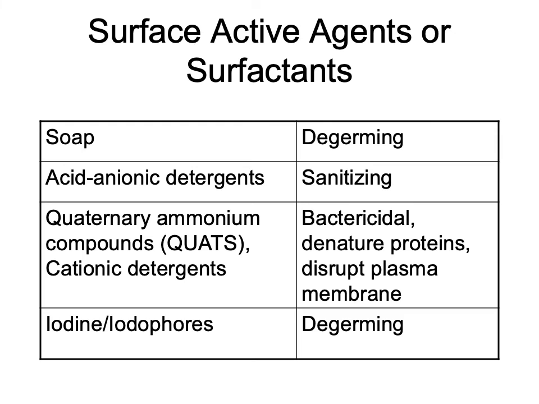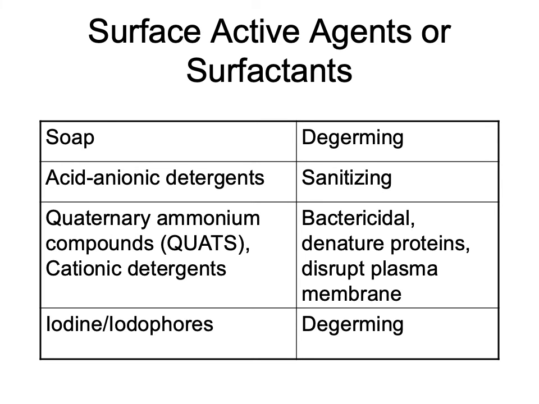Here is a table of surfactants, surface active agents that are used for the control of microbial growth. Soap can be a surfactant and it's used for degerming. Let's look at that word again. It's the removal of microbes from a limited area. It's not sterilization, it's degerming.